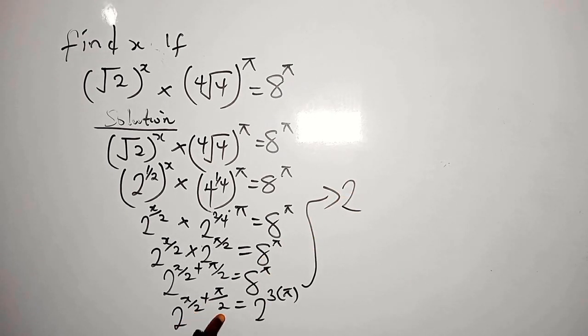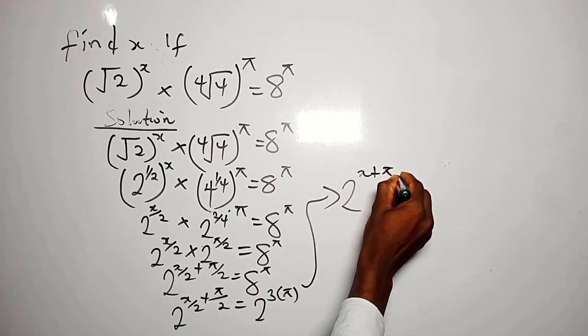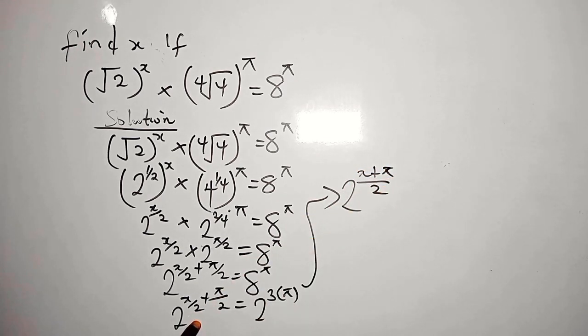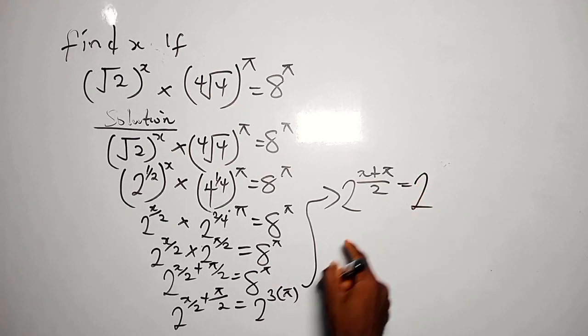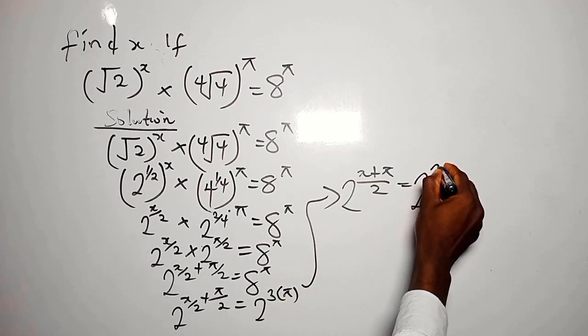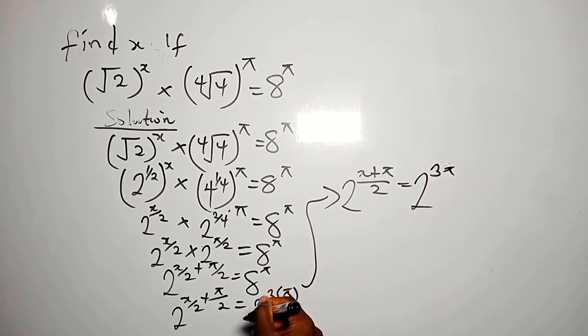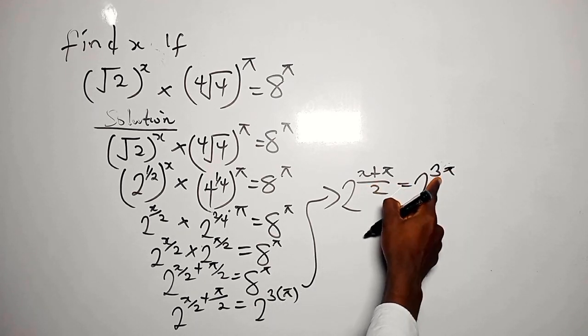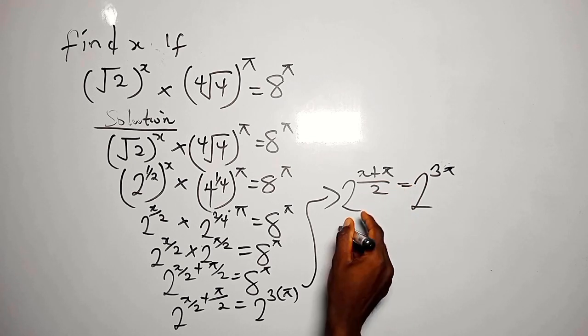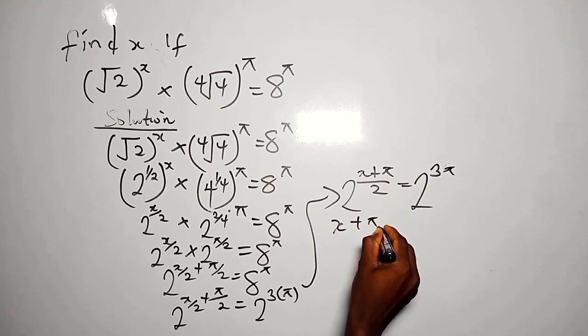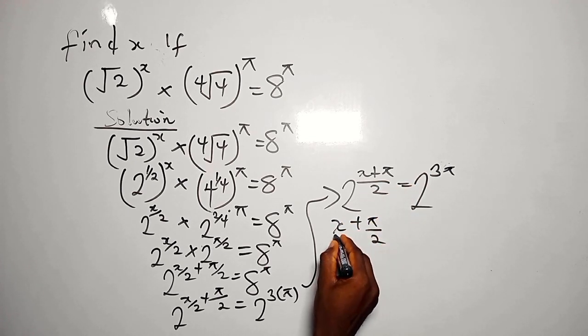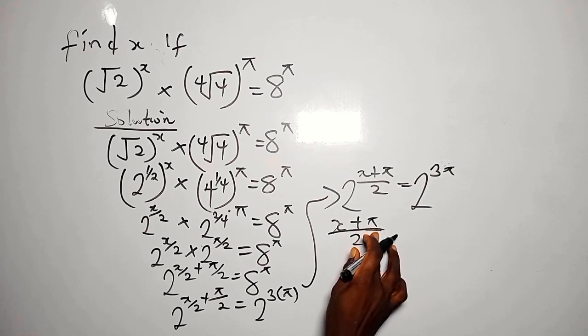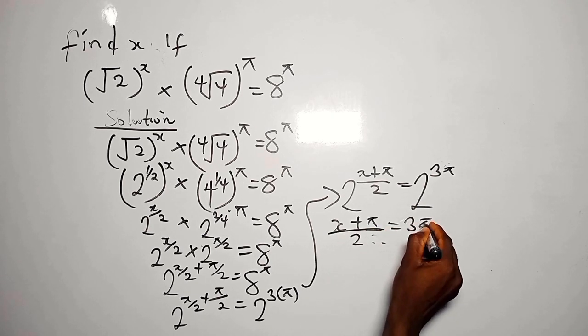When we simplify the power, x plus pi over 2, with a common denominator, equals the other side of the equation. When we apply the exponent rule, we have this to be 3 pi. Okay, so from here we have the same base, so we equate the exponents. So here we have x plus pi over 2 equals 3 pi.